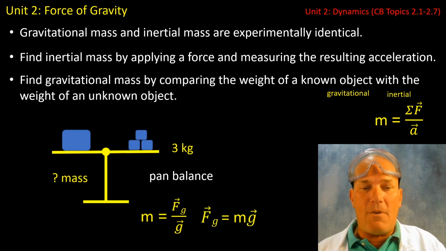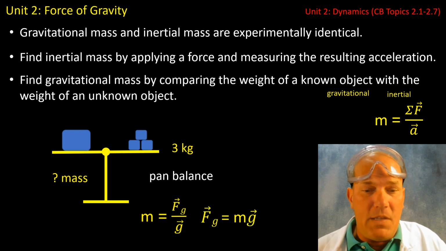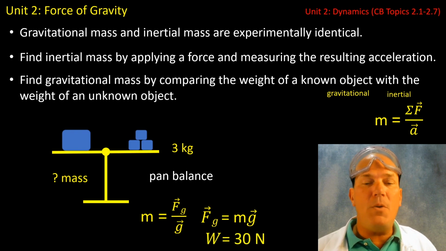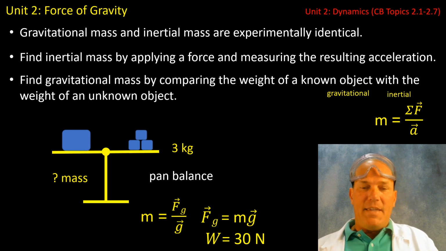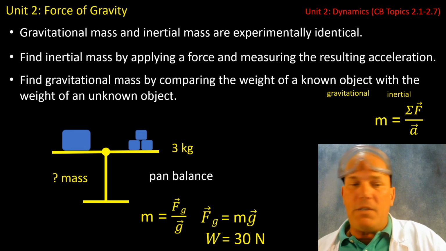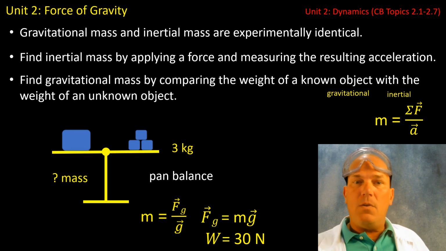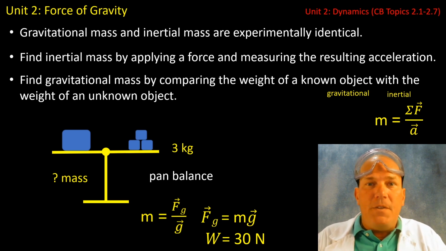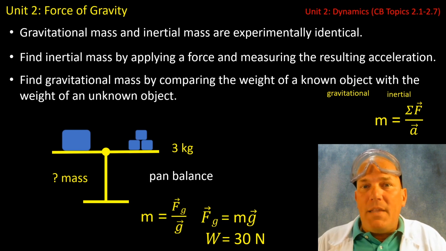Now let me show you how I got that, and that's just using these very simple equations. Again, rearranging multiplying mass by both sides, I can get the value of my 3 kilograms, which must be the mass for the unknown object. It's unknown mass. It must be 3 kilograms because under this same gravitational field strength, they are balanced.